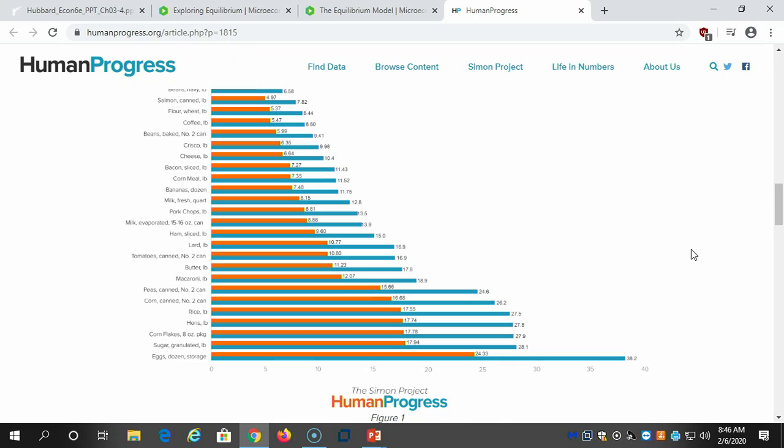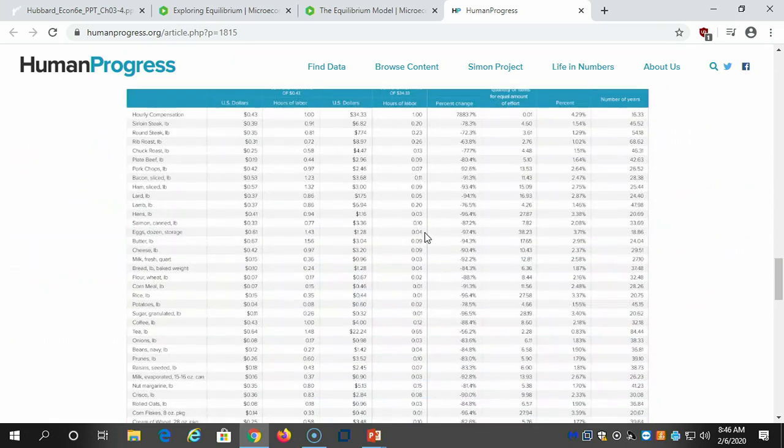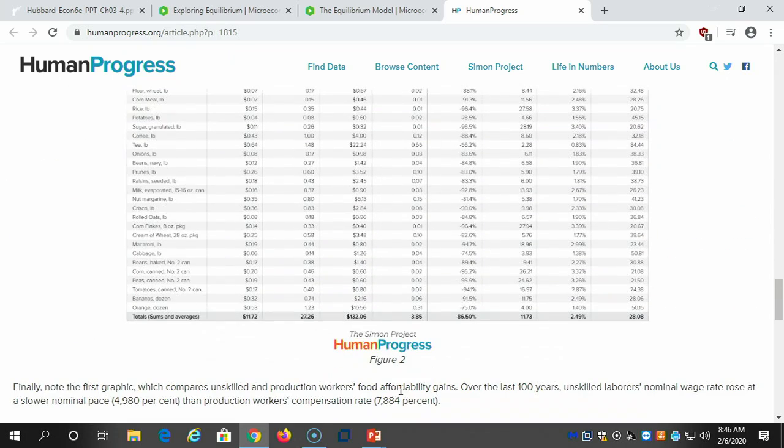The prices are quantified as hours of work. So for 1 hour of work, you can now get 38 times more eggs. There's a chart down here that shows exactly.